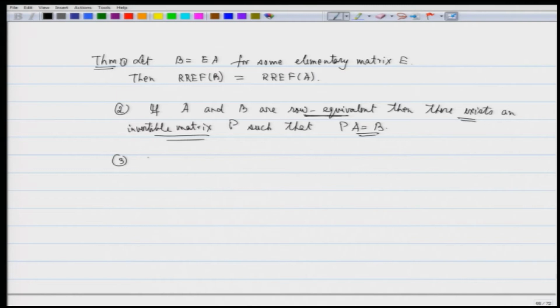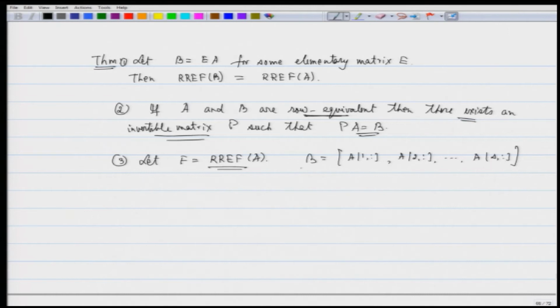So, let F be equal to RREF of A, it is given to me, and I have a matrix B which has all the rows of A, but not all the columns of A. I have got only certain columns of A. I have just picked up the first S columns.